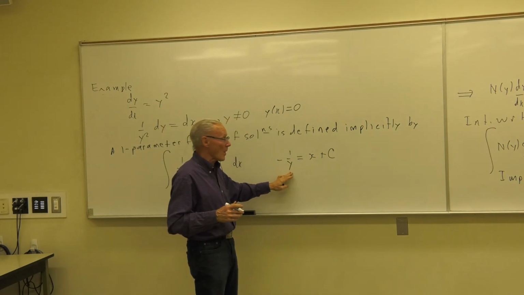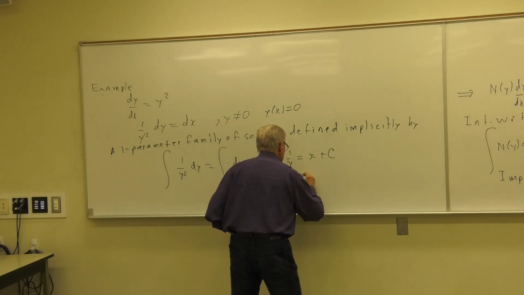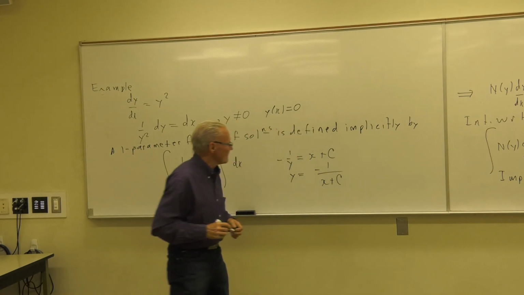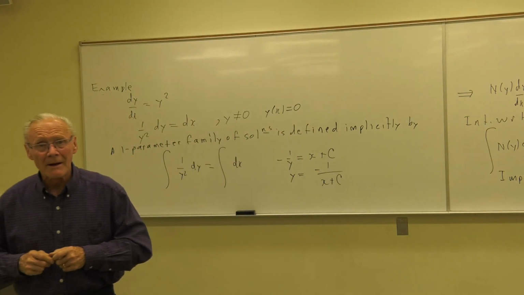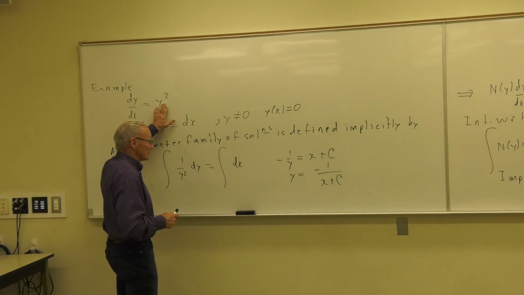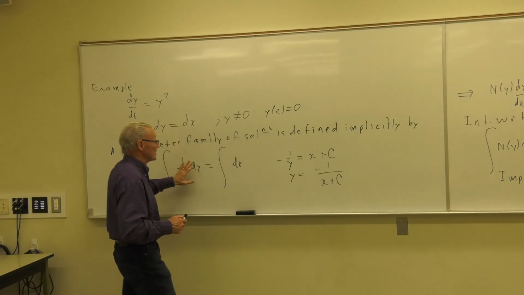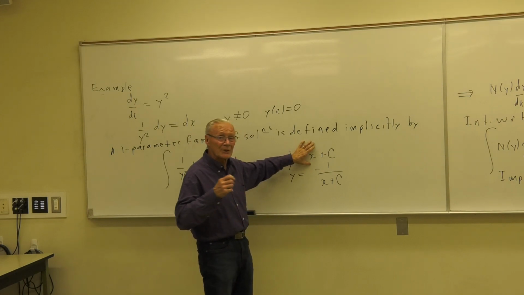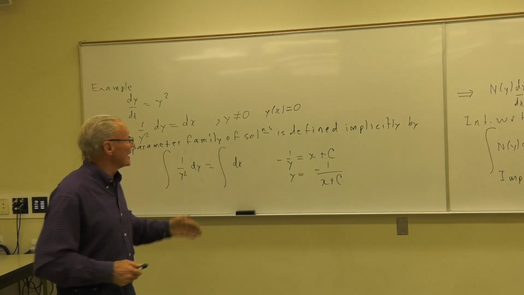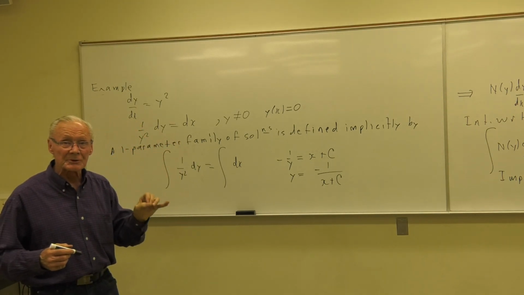I can solve this for y. Take over the minus sign and turn it upside down. y is equal to minus 1 over x plus c. And that was the solution I kind of pulled out of the air last day for this differential equation. So now we see how I got it. I separated the differential equation, I integrated it to get the implicit solution, I solved, and I got the explicit solution. I got then a 1-parameter family of solutions.